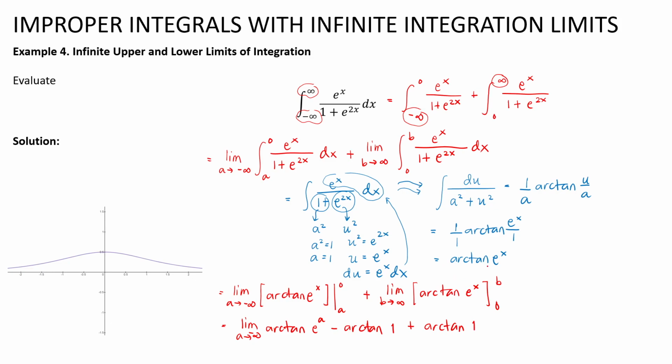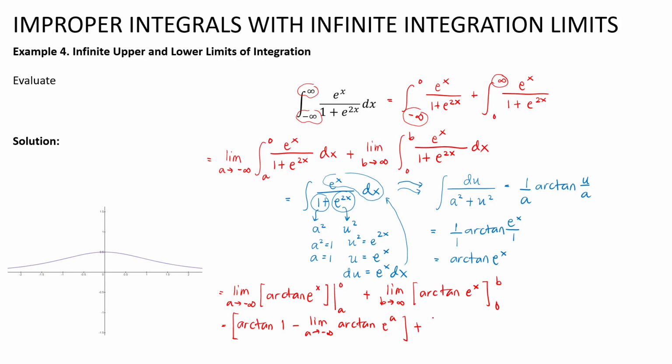Let me rearrange the terms. So the first one is arctangent 1, and then minus the limit of a approaches negative infinity of arctangent e raised to a, which comes from the first term.